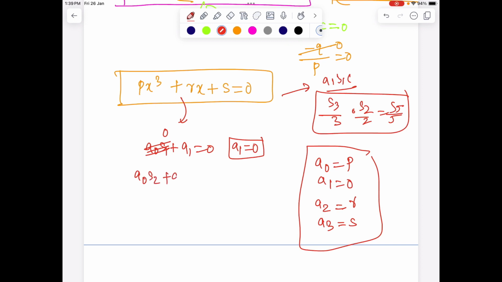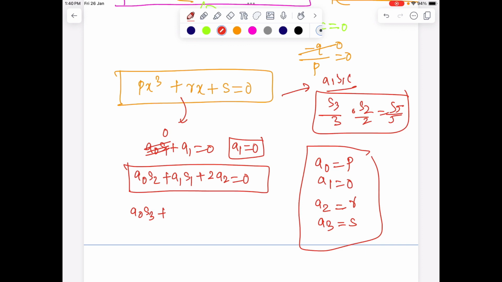Next is A0 S2 plus A1 S1 plus 2A2 equals 0. The third expression we get is A0 S3 plus A1 S2 plus A2 S1 plus 3A3 equals 0.